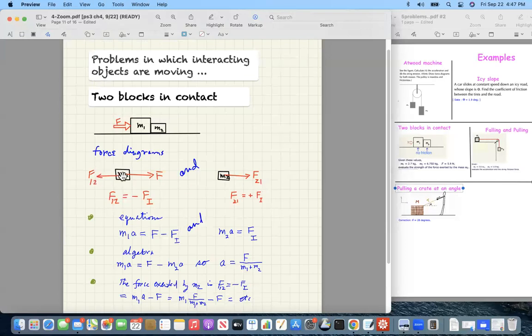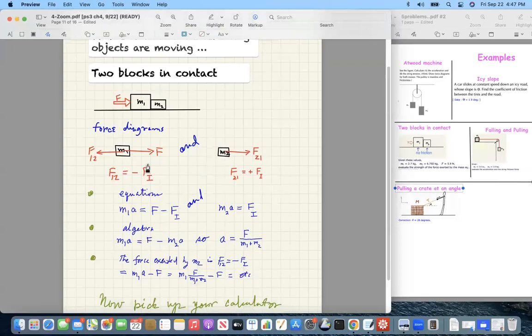And this contact force is F12, the force on 1 exerted by 2. And if I call this force Fi, then this force is minus Fi by Newton's third law.